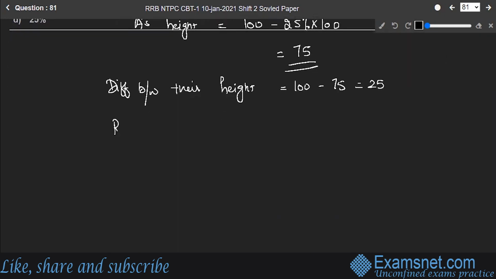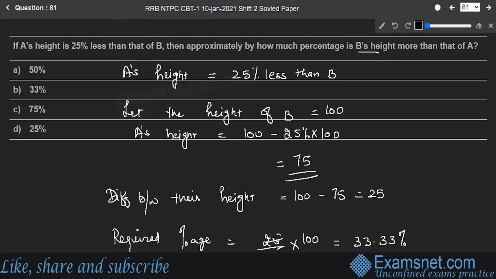So the required percentage is 25 upon A's height, which is 75, into 100, which is equal to 100 by 3, that is 33.33%. Let's check. I have option B as the correct answer to the question.